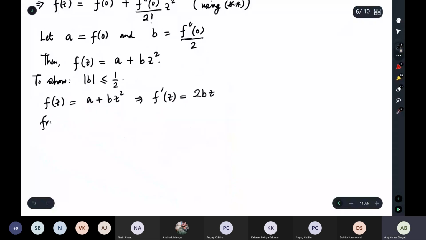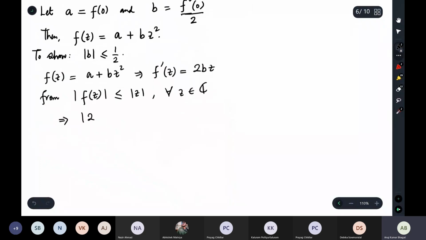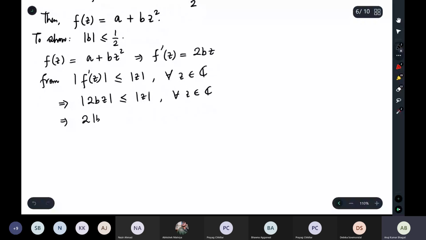So from modulus of f prime z lesser equals to modulus of z for all z in C, this implies modulus of 2bz is lesser or equal to modulus of z for all z in C. If this holds for every z, then this is 2 times modulus of b times modulus of z lesser or equals to modulus of z for all z in C. So if it holds for every z, you can choose any particular non-zero z.